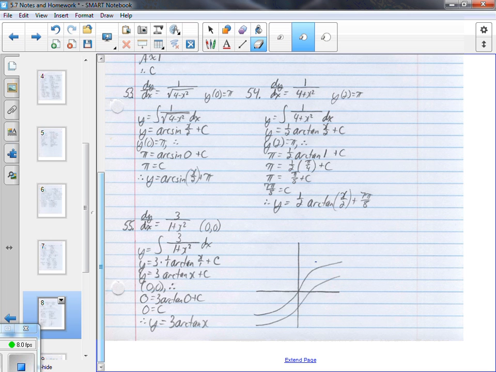All right, so if dy/dx equals 1 over 4 plus x squared, multiply both sides by dx, integrate both sides. The integral of dy is y. And then we would say that we have the integral of 1 over 4 plus x squared dx. Wow, that's an arctangent one.